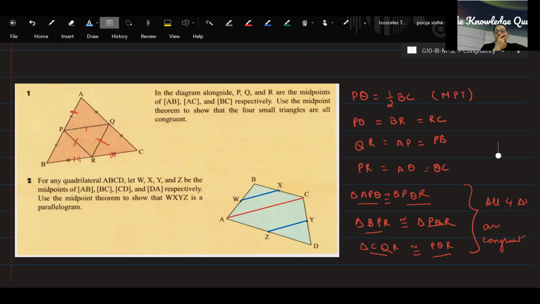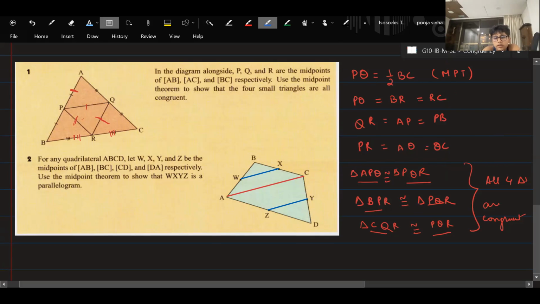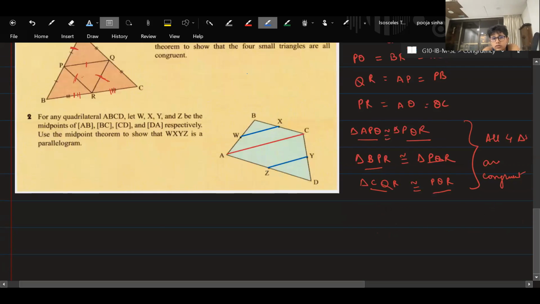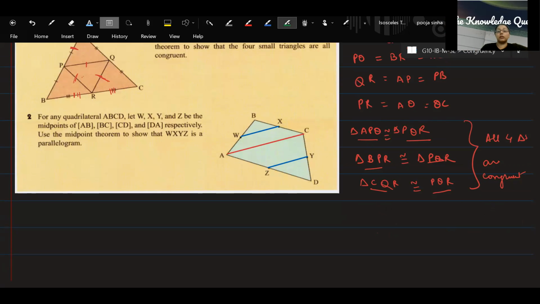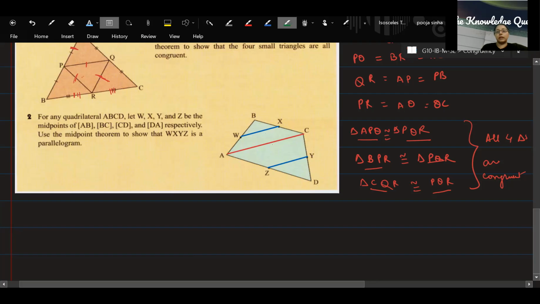Yes. Ash, Arya, tell me, what about YZ? Same, it is parallel to AC and YZ equals half AC. Therefore, YZ equals WX, right? So YZ is equal and also parallel. When this one is parallel to this and half of this, and this one is parallel to this and half of this, what will these two be to each other?